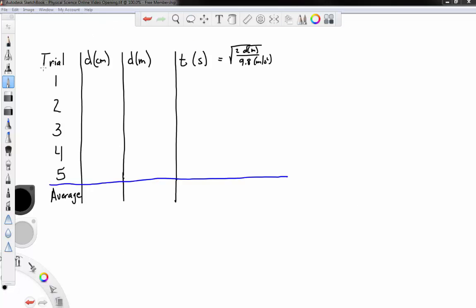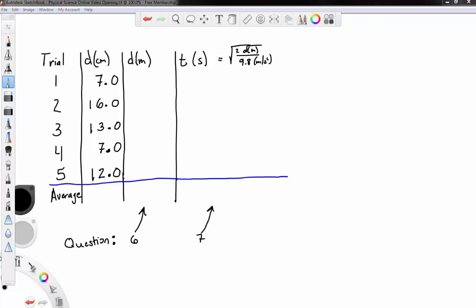This table has the trial number, the distance that it's fallen in centimeters, the distance that it falls in meters, and the time for each of these trials in seconds, and then we're going to have the averages down here. So let's go ahead and fill out the table, which is the information that was actually given to us in this quiz. And basically this right here is the answer to the question at hand. This right here is the answer to the next question.